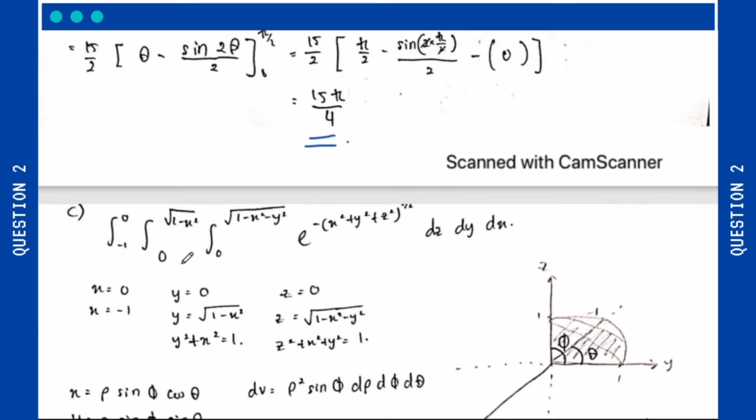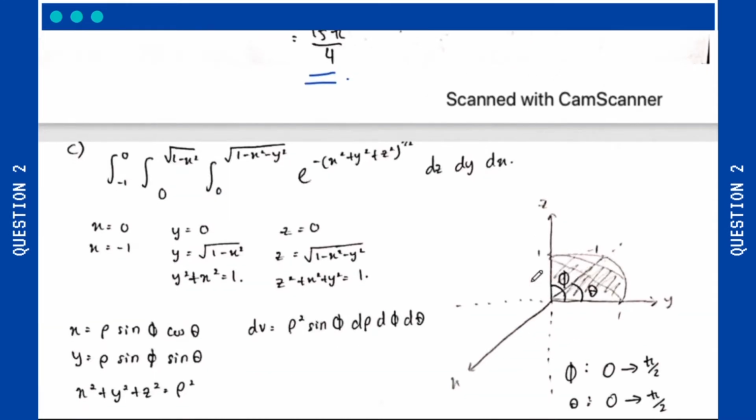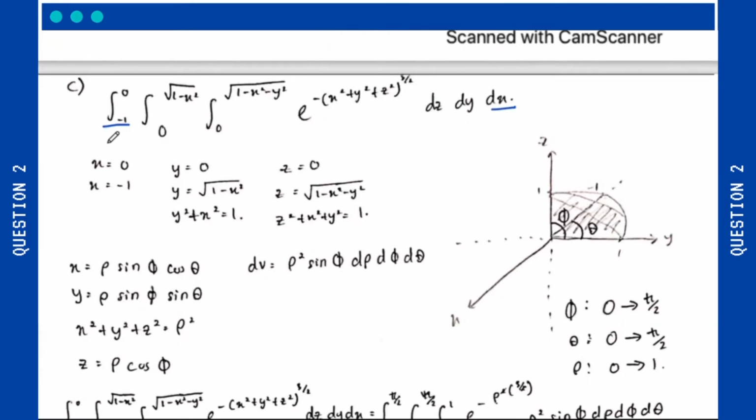For part C, evaluate this by first changing it to spherical coordinates. First find the limits, where x is equal to 0 and x is equal to negative 1. For y, y is equal to 0 and y is equal to square root of 1 minus x squared.